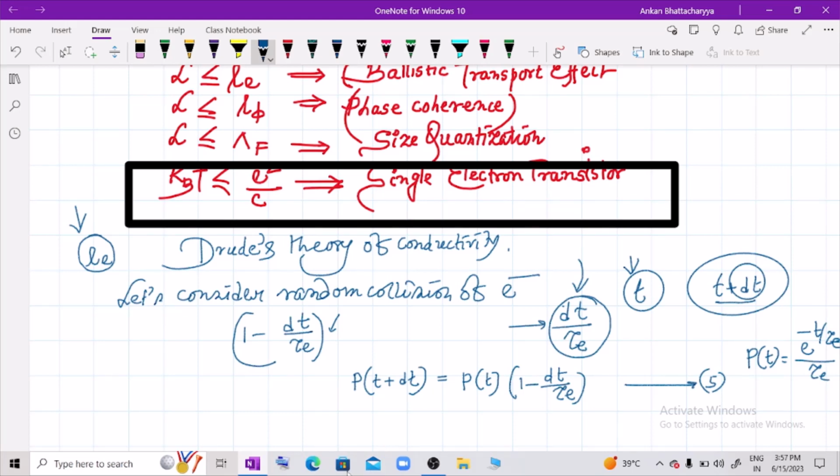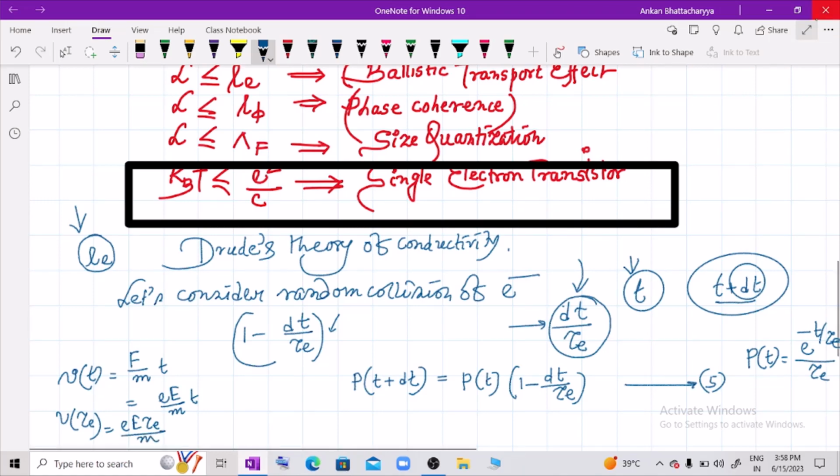Now again, we know that the velocity at any instant of time t of the electron is equal to F by m into t. If the electron is acted on by the electric field E, it will have the value eE by m into t. So V at tau e will be equal to eE tau e divided by m.